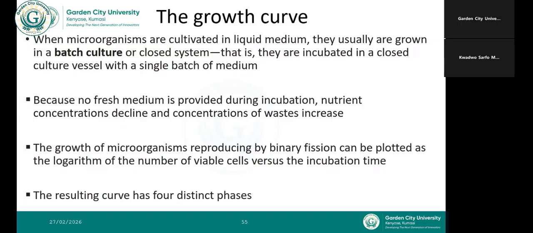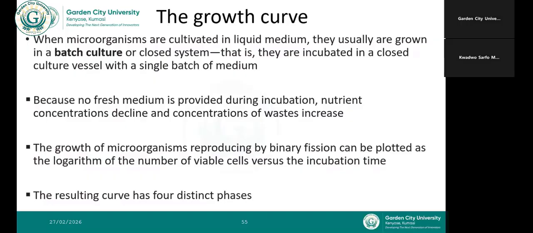Some of these toxic materials are also harmful to the bacteria themselves. So as a result, some will die, and then there will be competition for the same nutrients. A time will come when the nutrients get depleted, and so there will be nothing for them to live on, and eventually they all die.